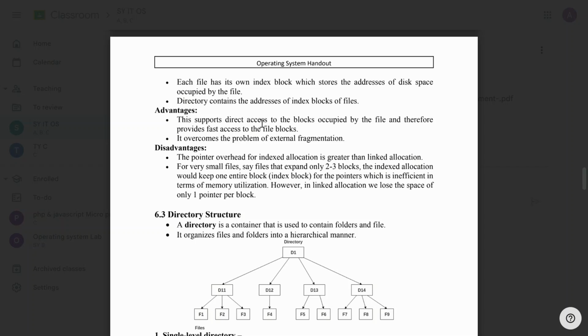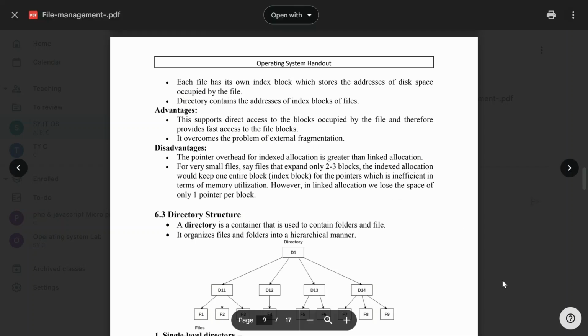This supports direct access to the blocks occupied by the files and therefore provides fast access to the file blocks. It overcomes the problem of external fragmentation. Yes, no more external fragmentation is here, and it supports direct access to the blocks occupied by the file. Therefore, it's fast access.